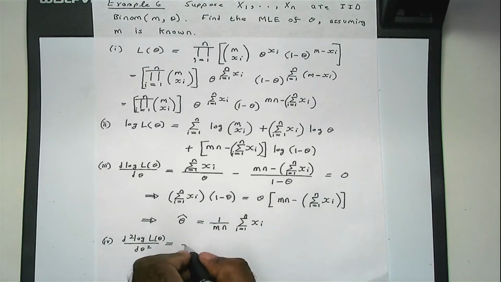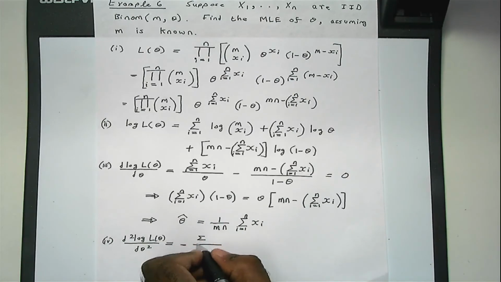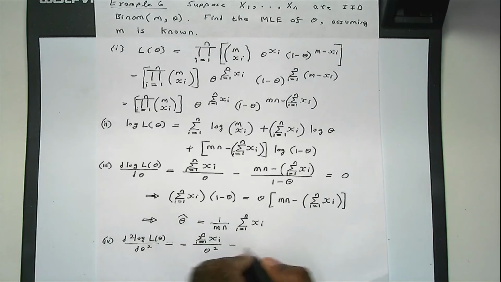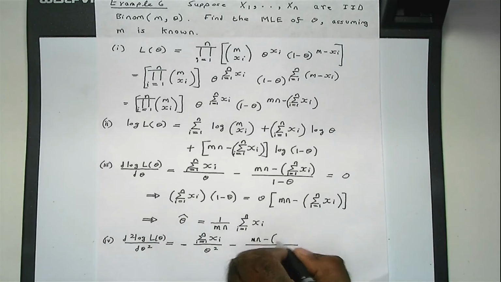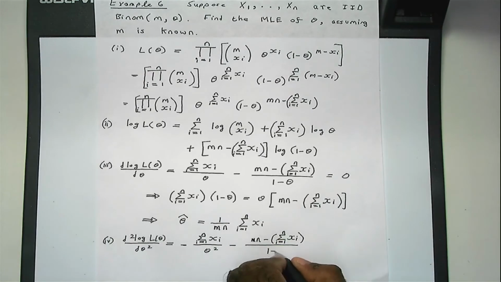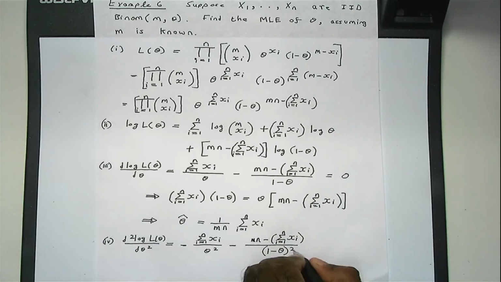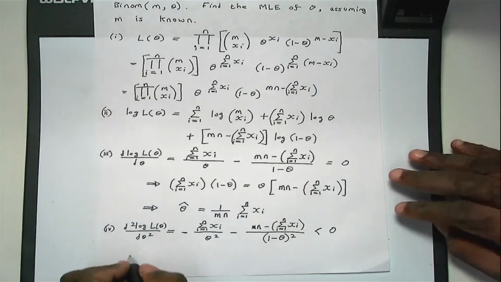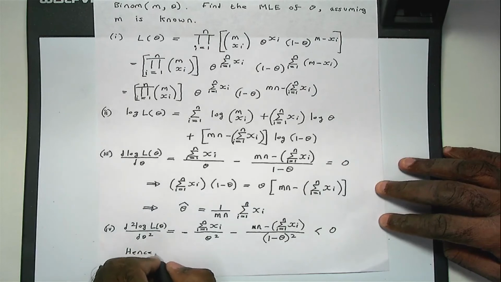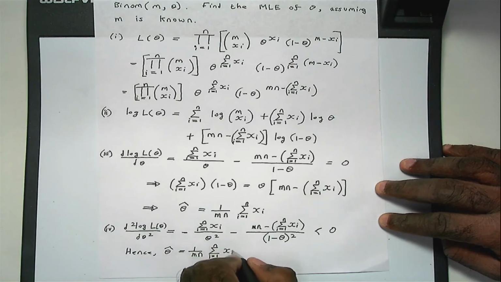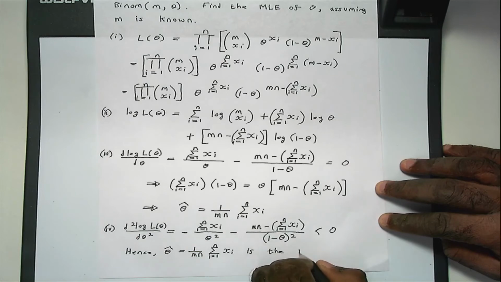So it's going to be minus this, which is clearly negative, right? So hence this is the MLE of theta.